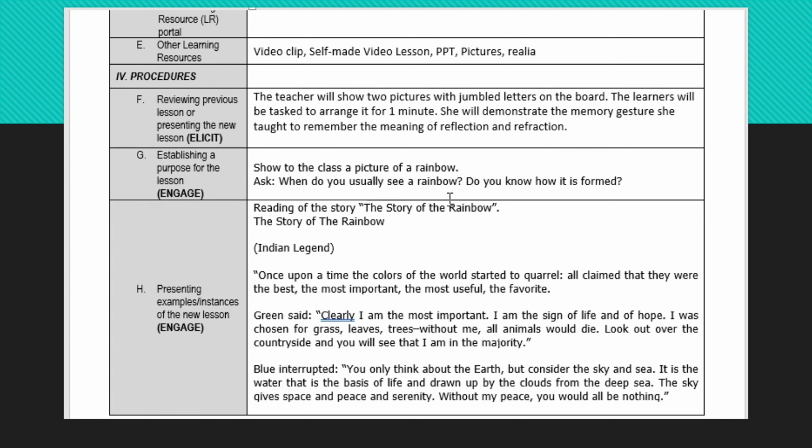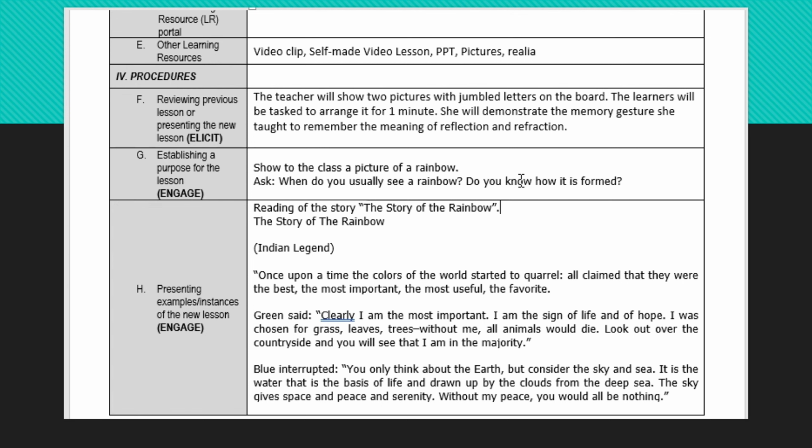So, the questions here could be: have you seen a rainbow before? Do you know what a rainbow is? What is your feeling when you see a rainbow? And so on. I showed them the picture of a rainbow and asked them when they usually see a rainbow.